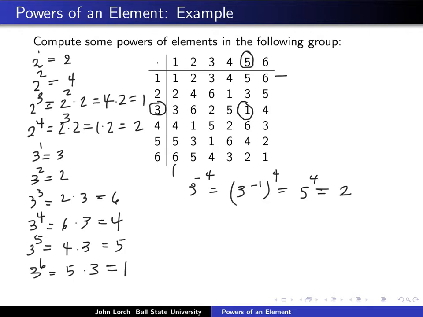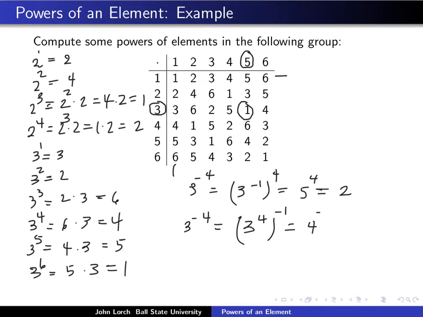Okay, now another way to compute 3 to the minus 4th would be to write this as 3 to the 4th to the minus 1 power. Now 3 to the 4th we already saw on the left part of the slide, that's equal to 4.